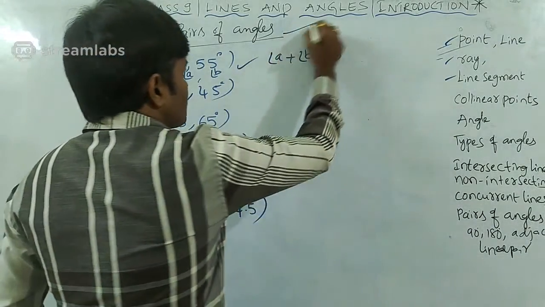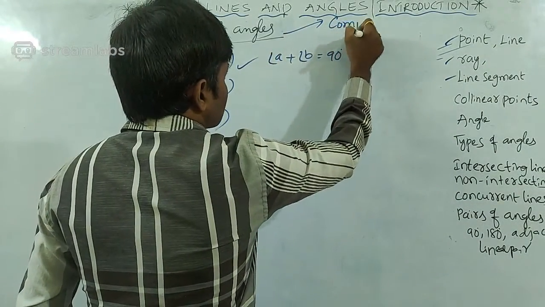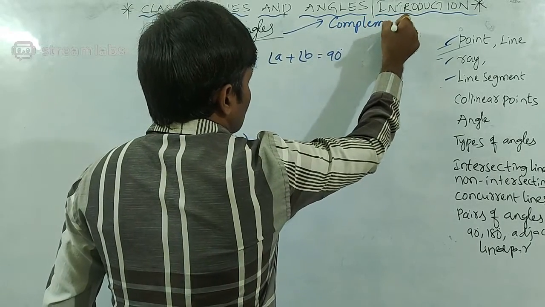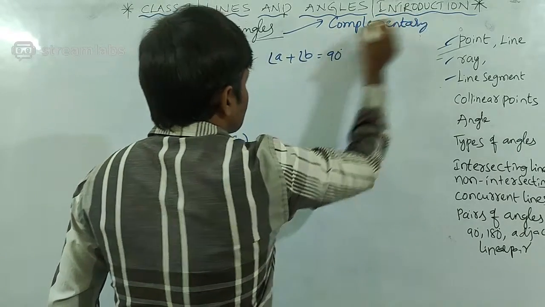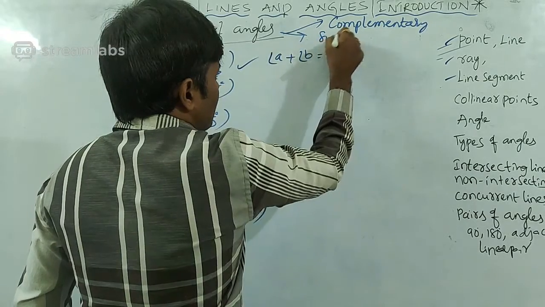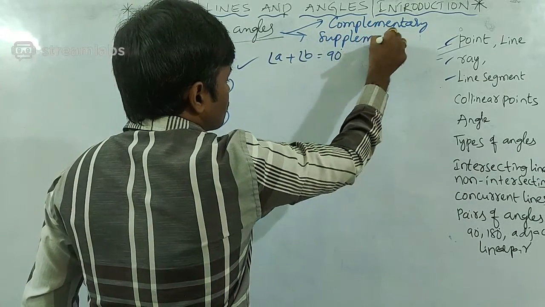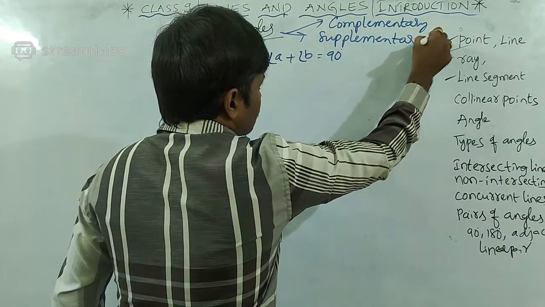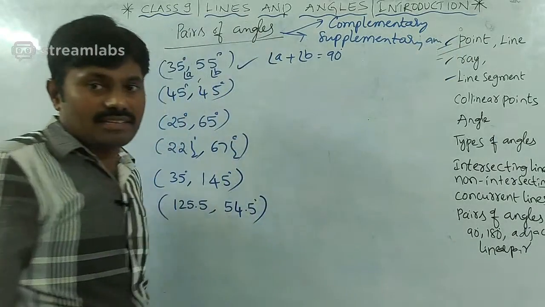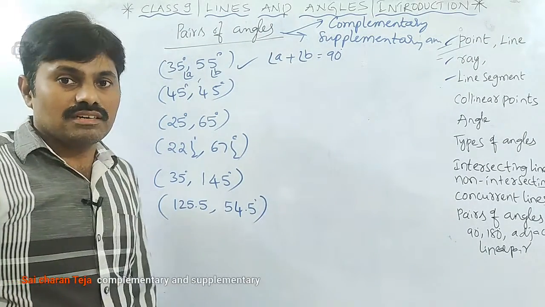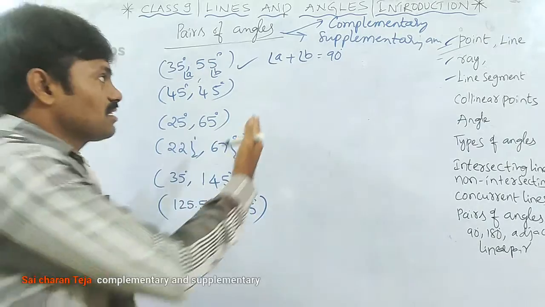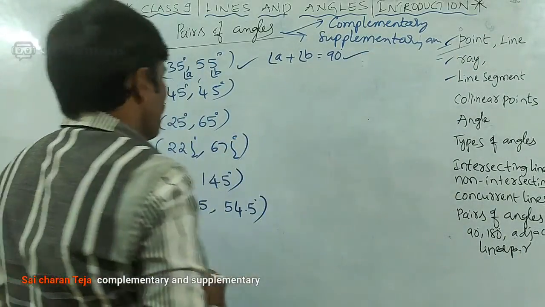Pairs of angles, we discuss these here as complementary angles. Next, supplementary angles. Clear? If the sum is 90 degrees, we call those complementary angles.